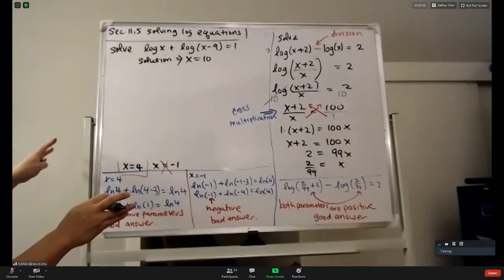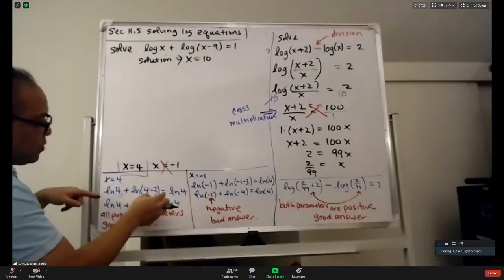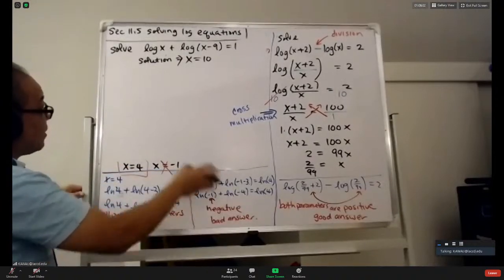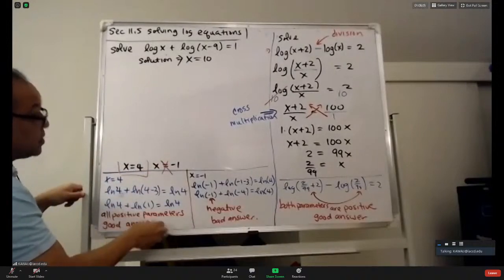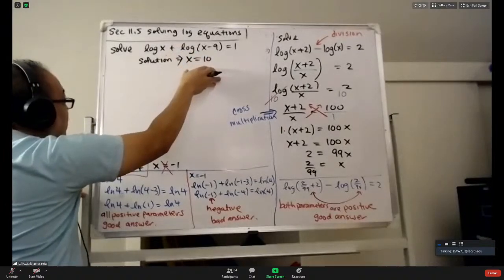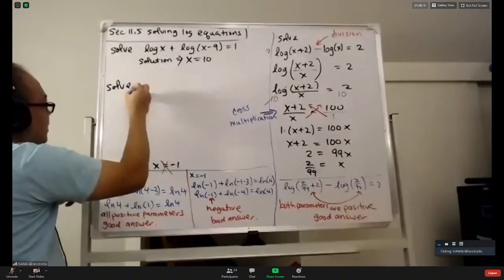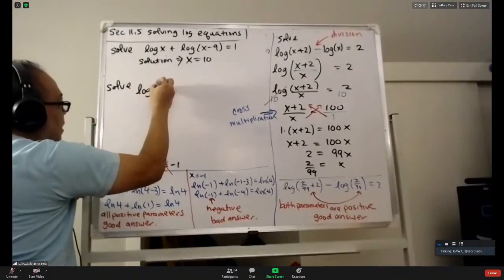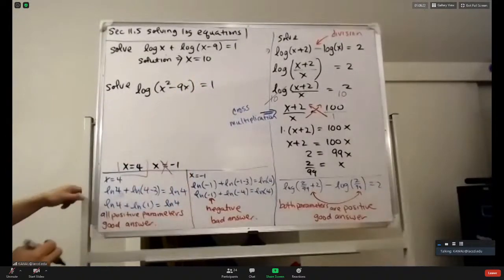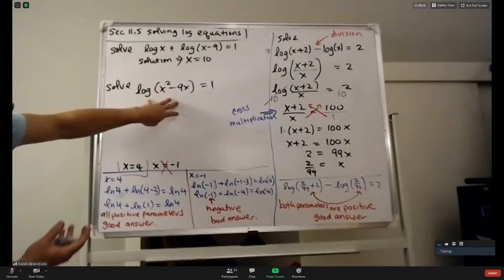Okay. Now, that situation is just like this situation. We had two answers, and one answer made the parameter negative, and we crossed it out. So that's why we have only one solution. So the very first problem we did was this one, and that's why we had only one solution. Now the next problem we did after that, to contrast it, I did log (x² − 9x) is equal to 1. Now when we plug in 10 in here, it's positive.